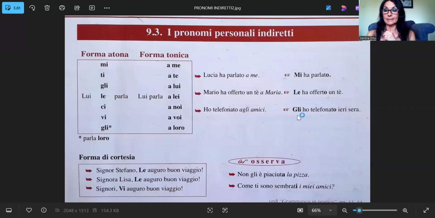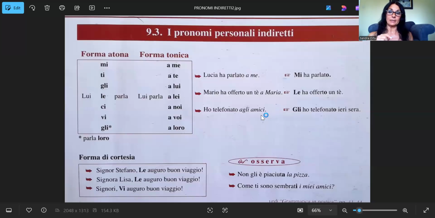And here instead, "gli ho telefonato ieri sera" is more like I called them yesterday evening, last night. So here I'm specifying who I called, and here I said when. So it's not a surprise who I called. I'm just telling you when I called these people, in this case, my friends.